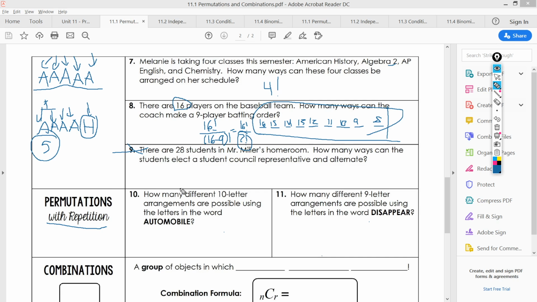So when I say how many different 10-letter arrangements are possible using the letters in the word automobile, we have to take into account something. So it's 10 letters. The way I like to do this is to say, we have 10 spots: 1, 2, 3, 4, 5, 6, 7, 8, 9, 10.